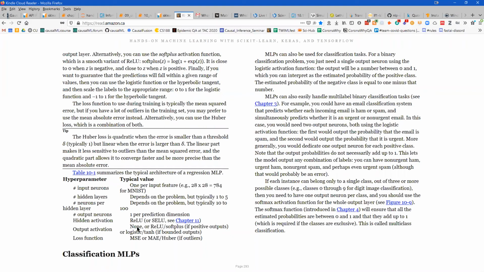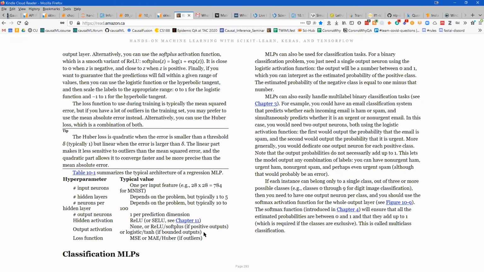For the output activation, you might just accept the output of the last hidden layer as is, or you might use a ReLU, or a softmax, or a logistic function, or a tanh function, T-A-N-H, a hyperbolic tangent, if the outputs are bounded. So for the output activation, you need to think about the problem, and that will help you decide what the output activation function should be.